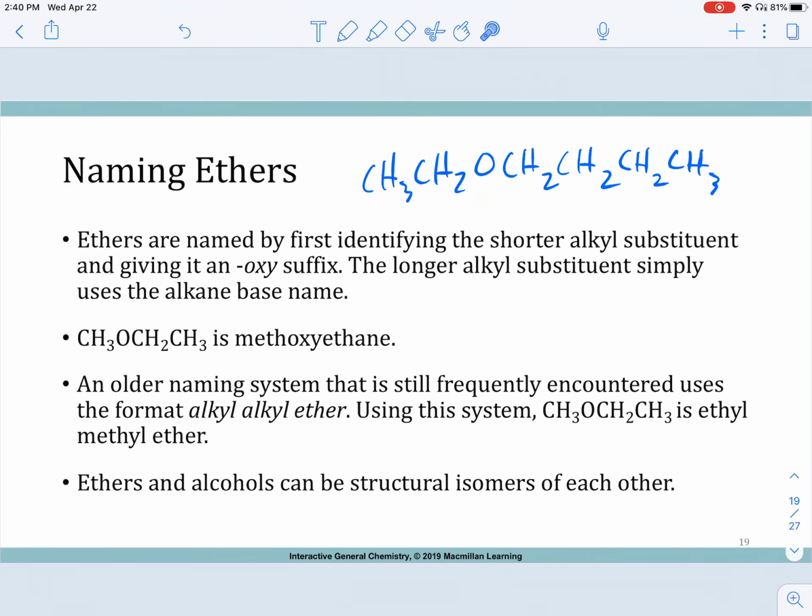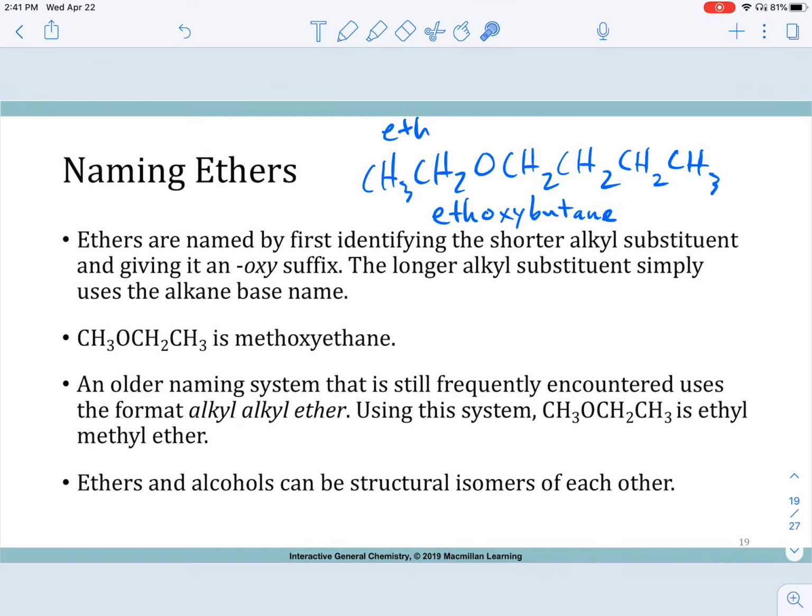So this is an ether. We're going to look for the smallest chain. In this case, it's an eth group, 2 carbons, so we call this ethoxy. And then we'll just name the other chain. This is 1, 2, 3, 4, butane. Ethoxybutane for that one.